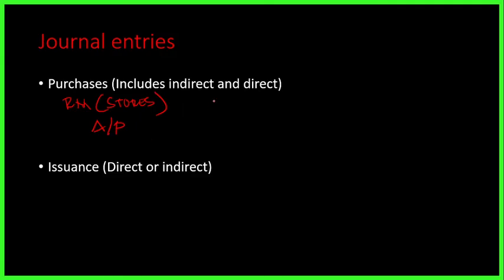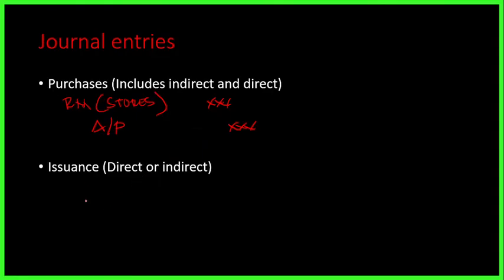Normally, our purchases for materials will include your direct and indirect materials, because sometimes a material may become a major component of one product and a minor component of a different product. So normally we just put the direct and indirect materials into one account, and that is your stores account or raw materials.